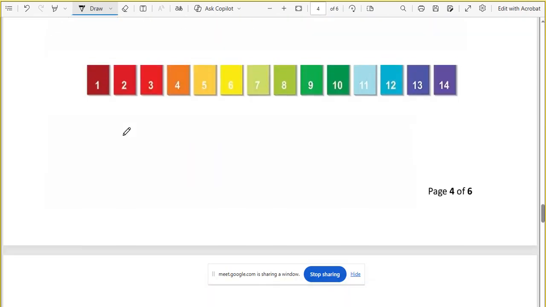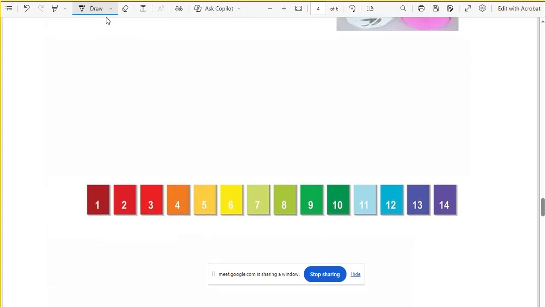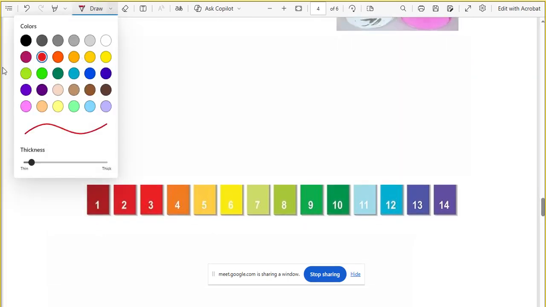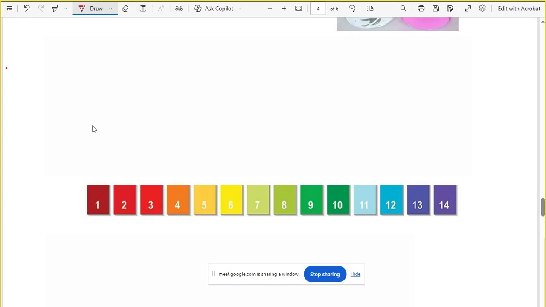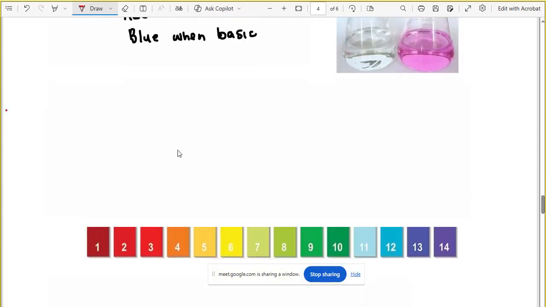Let's look at this part. I just want to give you something here before we enter the lesson. We talked about indicators equal to special chemicals used to determine the pH of a scale. But now we have what we call universal indicators.